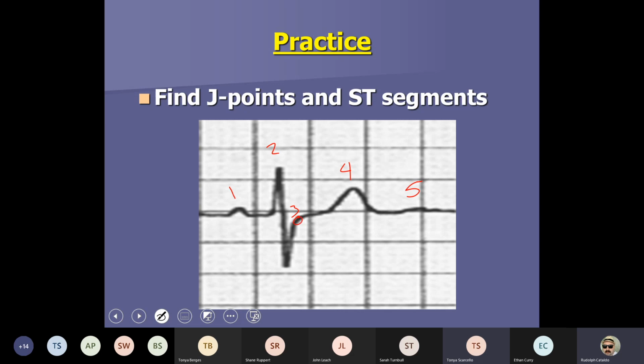Now, ST segment, right here, in between my S wave and my T wave. Looking at that, do you see any elevation? Remember, this is baseline. Not really, no. That doesn't really concern me.